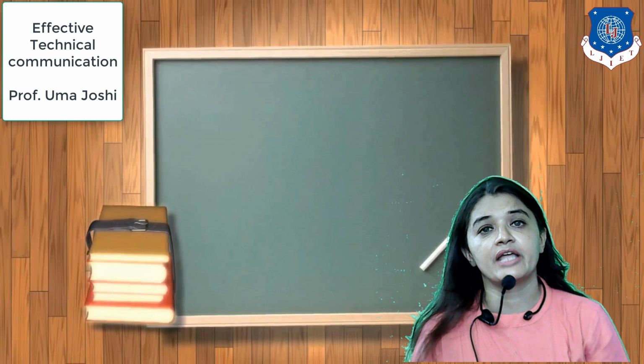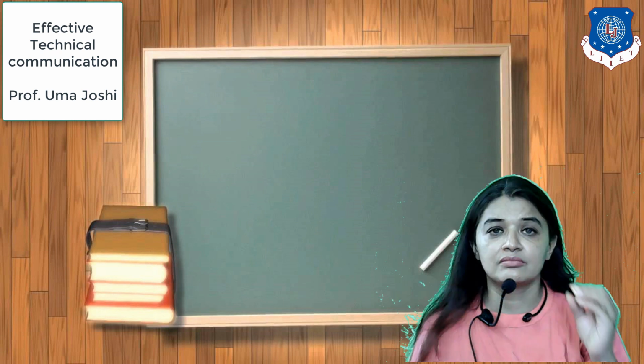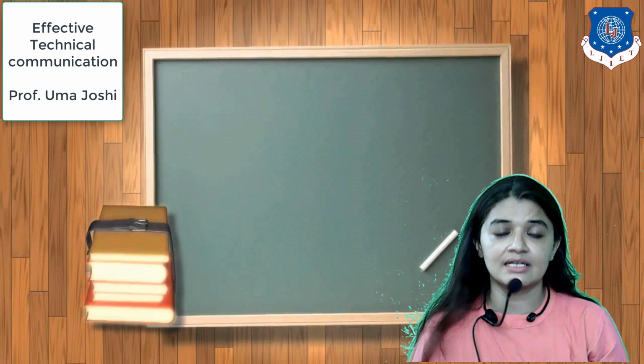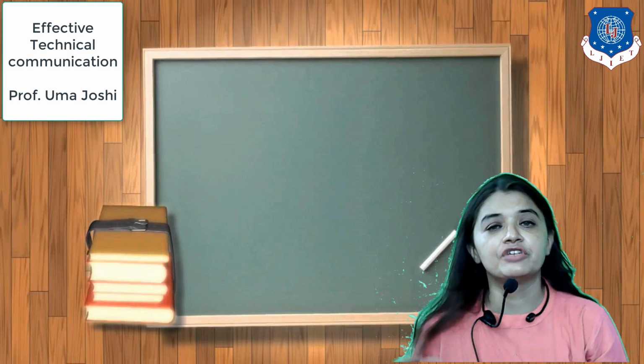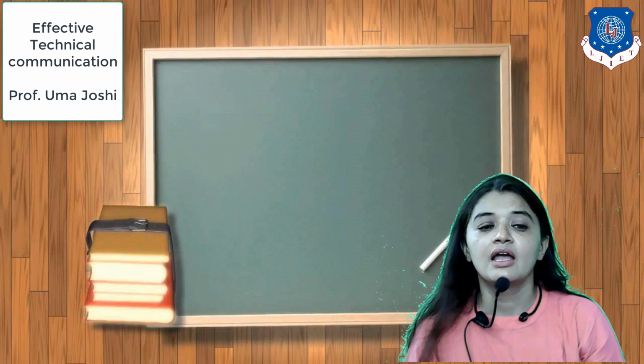Then we will prepare the speech in the extemporaneous method. The third thing is, while presenting, we have to take care of different points: how we can make effective use of the visual aids, and we have to take care of our body language. So that is all about public speaking and presentation strategies.